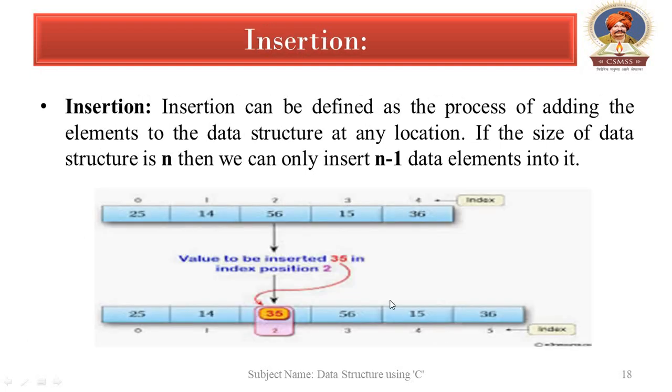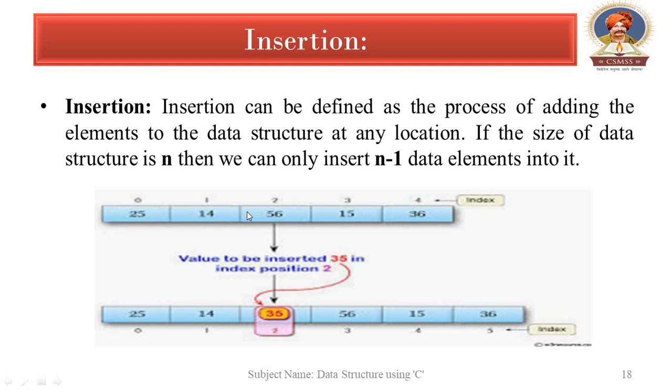Then the operations of the data structure. The first operation of the data structure, that is insertion. So what is meant by insertion? Insertion can be defined as the process of adding the elements to the data structure at any location. If the size of data structure is n, then we can only insert n-1 data elements into it.